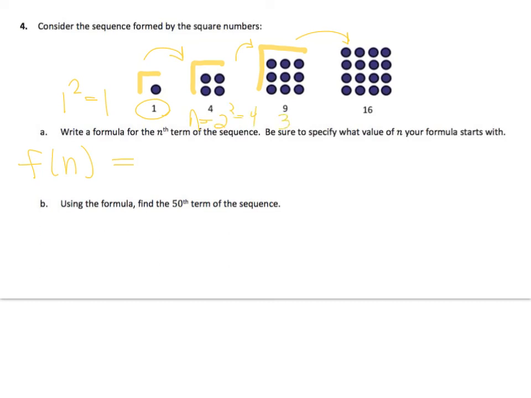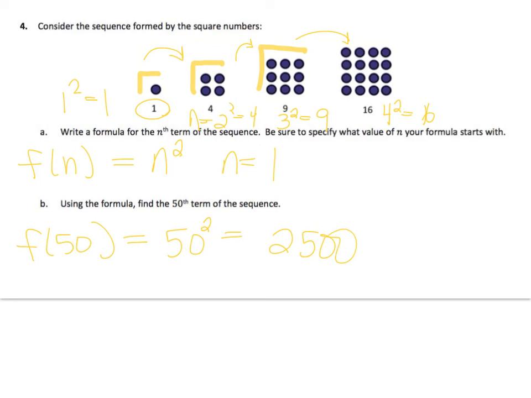If n is 3, 3 squared is 9. If n is 4, 4 squared is 16. So that's what we're going for. I've got n squared starting with n equals 1. So if I were to find the 50th term, 50 squared, which is an easier one to do, 2,500, that's a lot of dots.